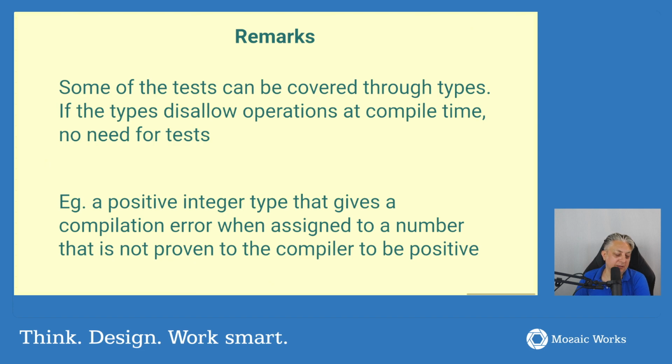But there's a second way of doing that, which is at compilation time: the type will prevent your code from compiling if you assign to it a value that is not proven to the compiler to be positive. And yes, these things are actually possible.